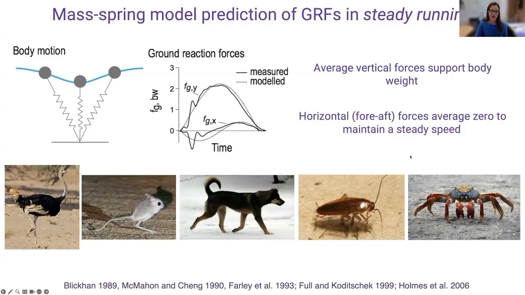So for steady running, we can constrain our model so that it starts and ends at the same speed and the same total mechanical energy, and then we can observe the ground reaction forces that are required in order to maintain body weight support and that forward speed.